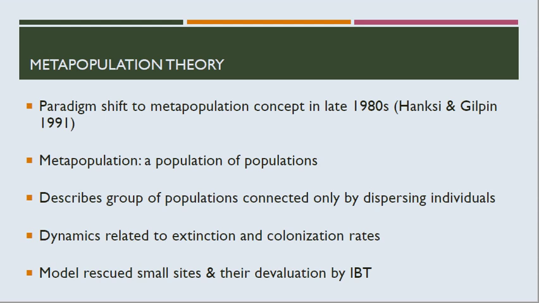So our species may require, say, lakes within a landscape, and they would need to disperse between lakes through the streams and rivers and so on if they wanted to emigrate or immigrate between those lakes. Okay?